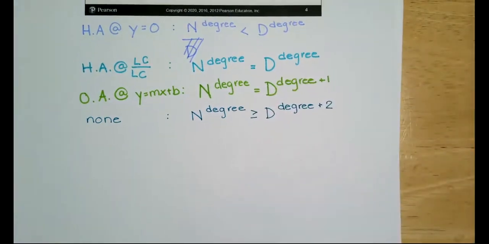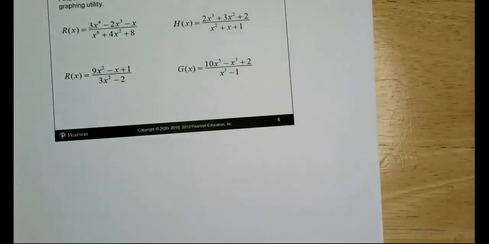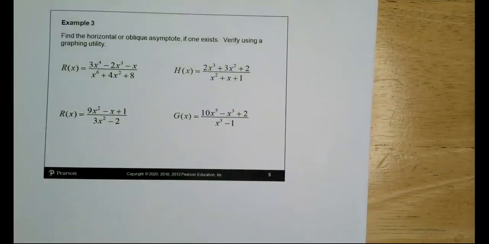All right, let's practice this. Find the horizontal or oblique asymptote if one exists and verify using a graphing utility. So we need to look at the degree of the numerator and the degree of the denominator, and that's the biggest exponent, right?